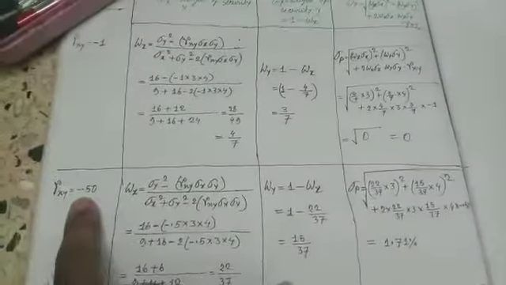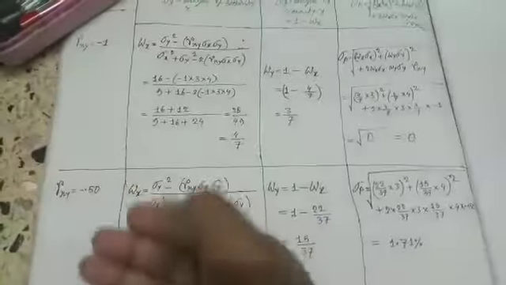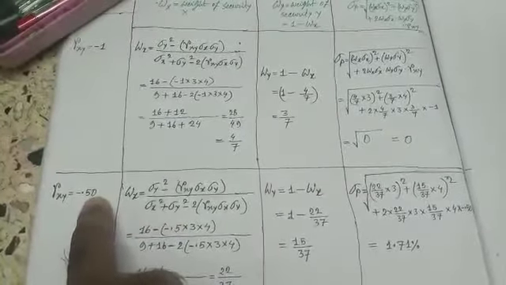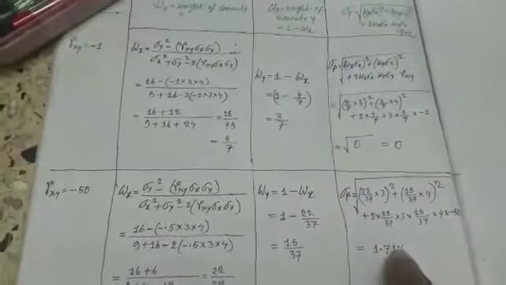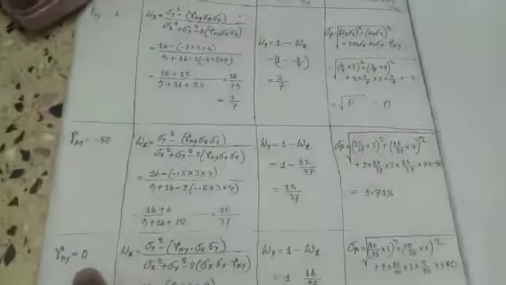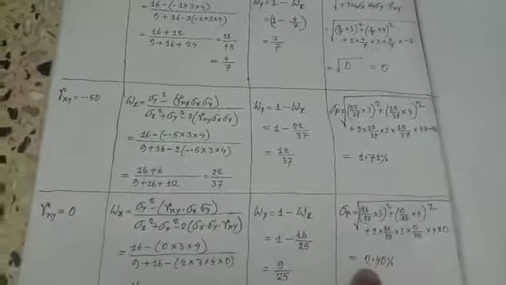When Rxy equal to minus 0.5, the risk comes to 1.71%. So the risk increases. Now where Rxy equal to 0, the risk comes to 2.4%, that means risk increases.